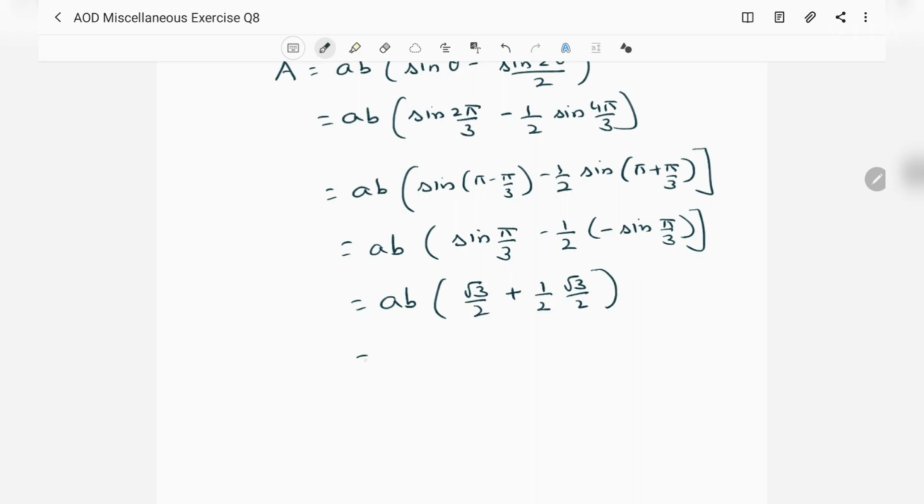So we get this as AB times, LCM is 4, so 2 root 3 plus root 3, or we get this as AB times 3 root 3 by 4.